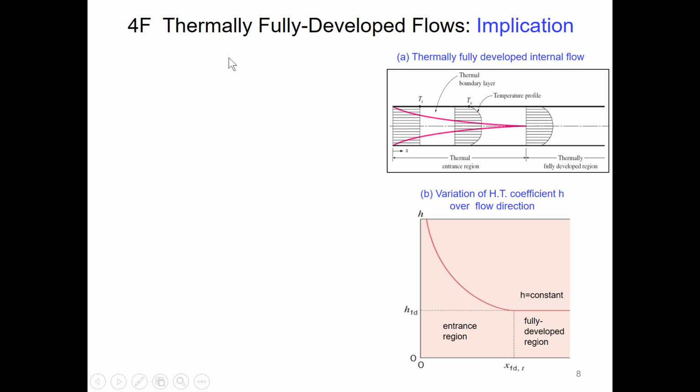F. There are more implications for the thermally fully developed flows. This represents the internal flow entrance region, a fully developed region, and this represents the heat transfer coefficient varies over the flow direction.